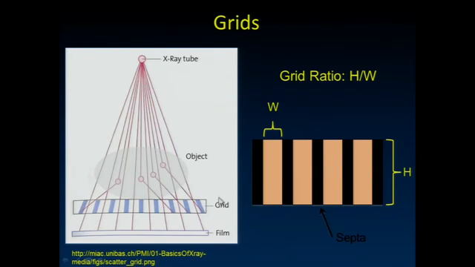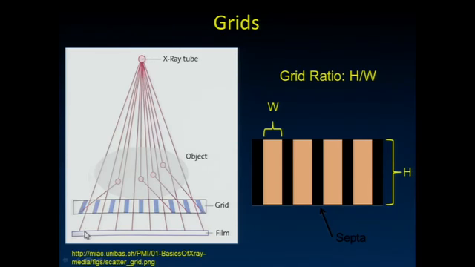Grids are another way. Grids are very similar, if you will, to the collimator that's used in nuclear medicine, and I want you to keep that analogy in mind here. In nuclear medicine, we use that collimator to focus, if you will, the gamma ray energy onto the camera. Here we're going to use it to reject scatter. So the holes are lined up specifically at a particular distance, at a particular angle to the X-ray tube.